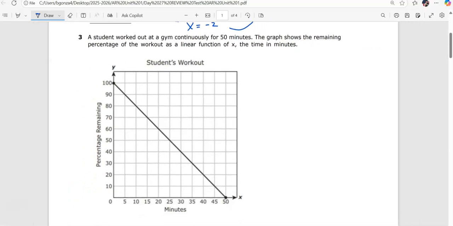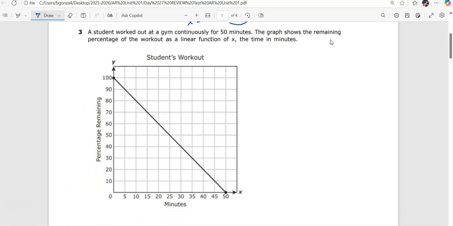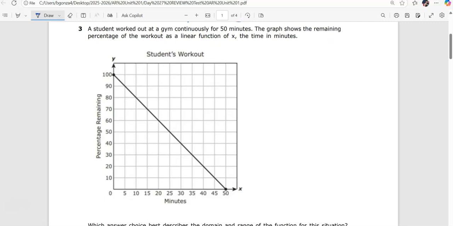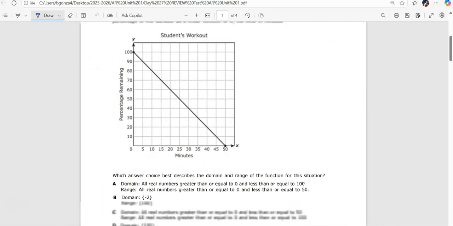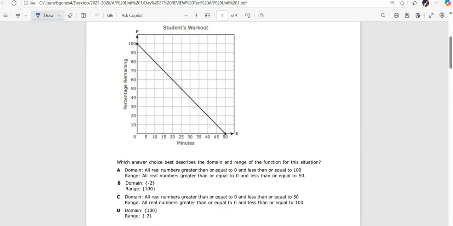Number 3, a student worked out at a gym continuously for 50 minutes. The graph shows the remaining percentage of the workout as a linear function of x, the time in minutes. Okay? So we got this graph, and it says which answer choice best describes the domain and range.